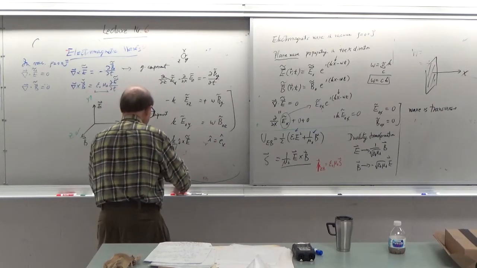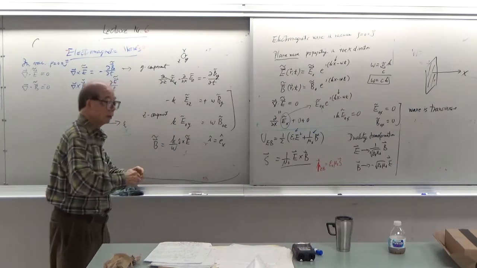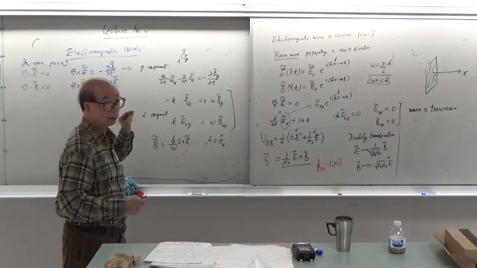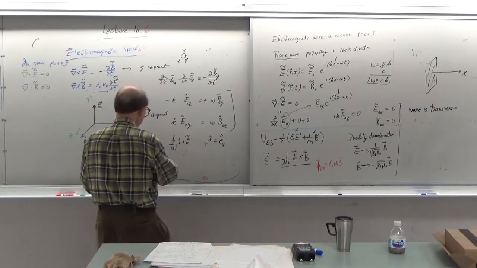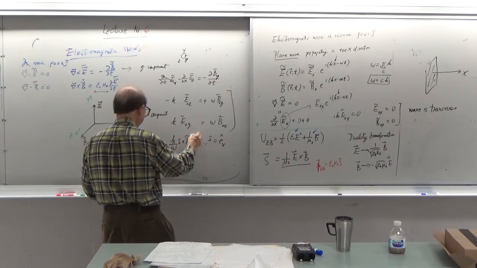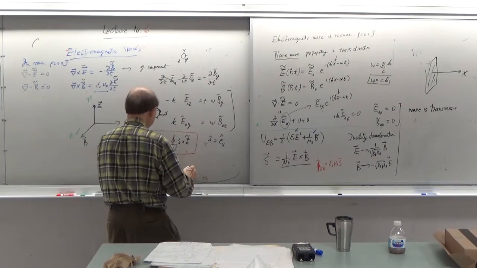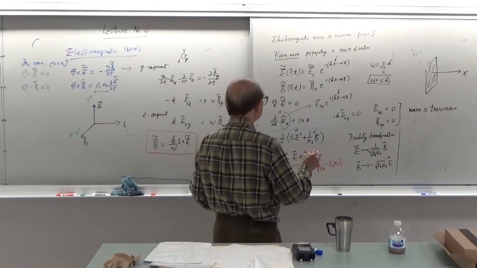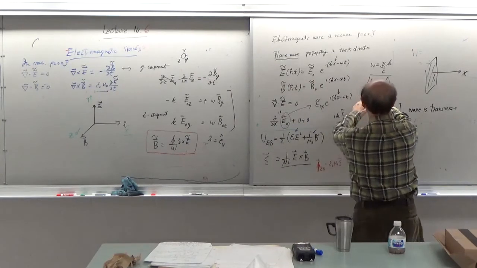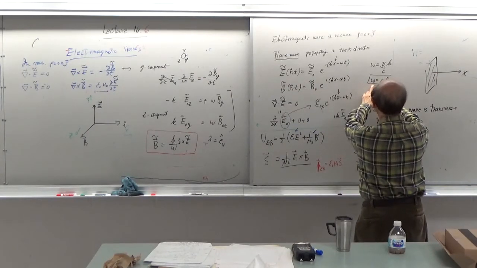So for a wave propagating along the positive x direction, B and E are related by this. We can also simplify the fraction: k over omega is 1 over c.